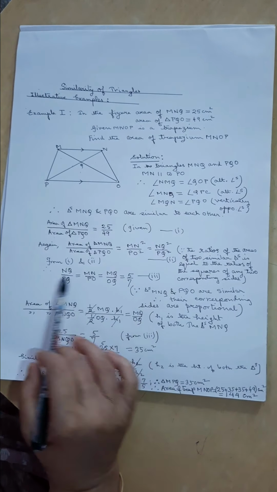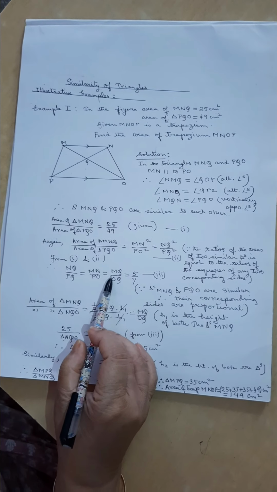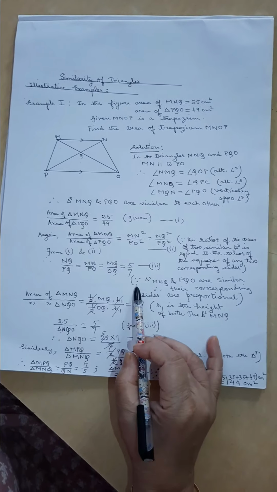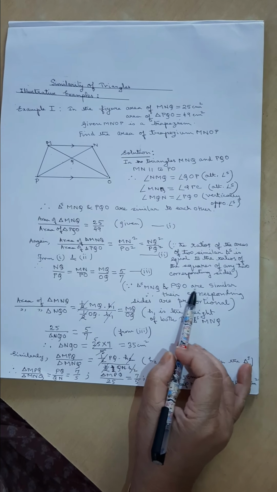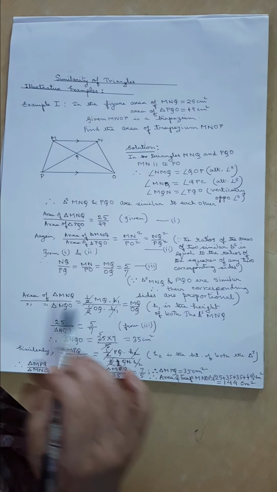Now from 1 and 2, NQ by PQ is equal to MN by PO is equal to MQ by OQ is equal to 5 by 7, since triangles MNQ and PQO are similar, therefore their corresponding sides are proportional.